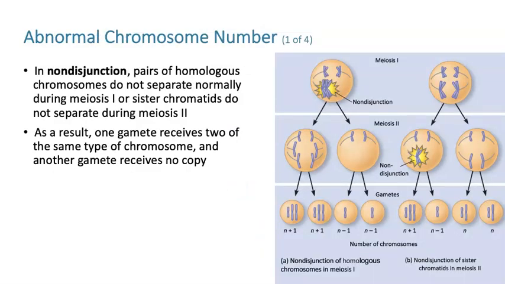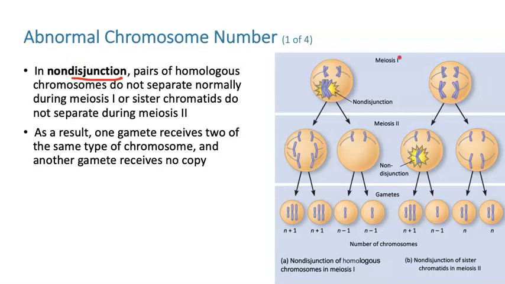So let's start out with having an abnormal number of chromosomes. This happens in a process called nondisjunction. This is such an interesting word because it's got a double negative in it. Non is a negative and dis is a negative. But basically, disjunction is normal and nondisjunction would be not normal.